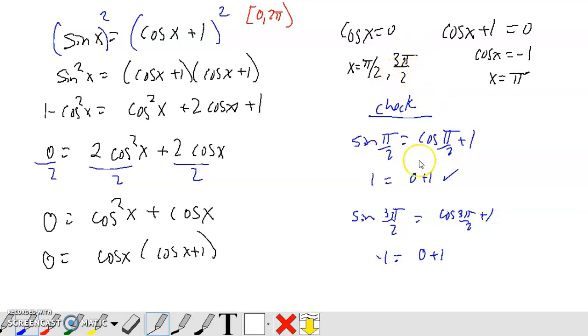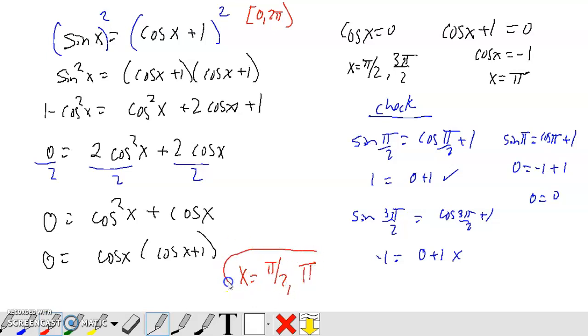Notice this one doesn't work out. Sine of pi is equal to cosine of pi plus 1. So 0 is equal to -1 plus 1, so 0 is equal to 0. Our answer for this one is just pi over 2 and pi. So again, these are the ones that we must check.